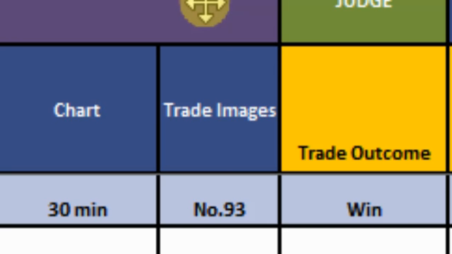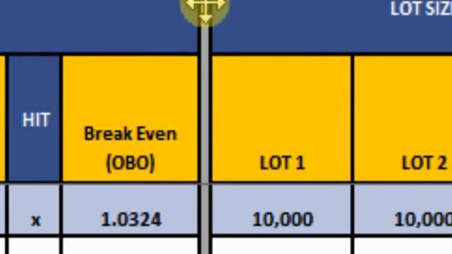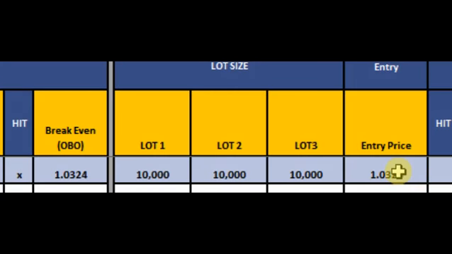It was probably something ridiculously small. Let me see, 1.03246, 1.03244.